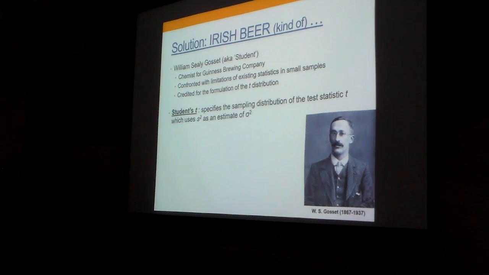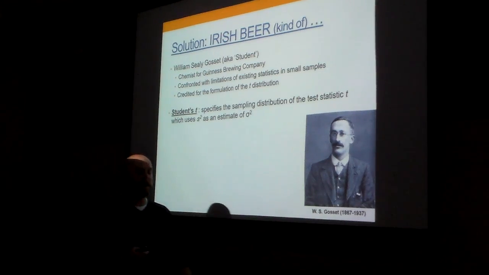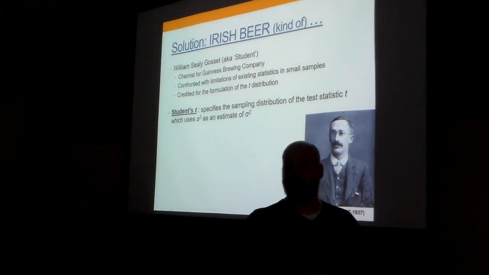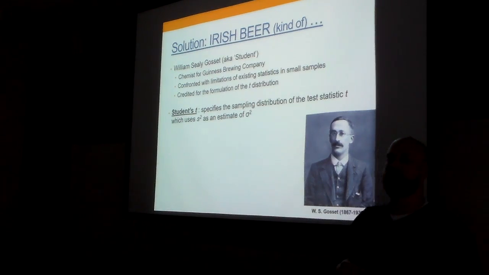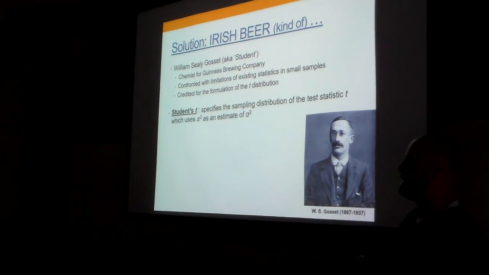All right. So, solution, right? This is a problem. Early on, people were saying we've got this problem because the sampling distribution of our sample variance is skewed, and so it's causing problems.